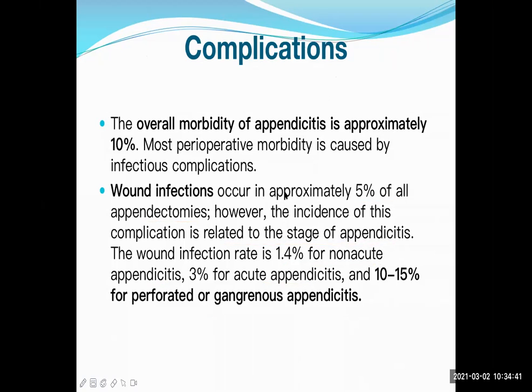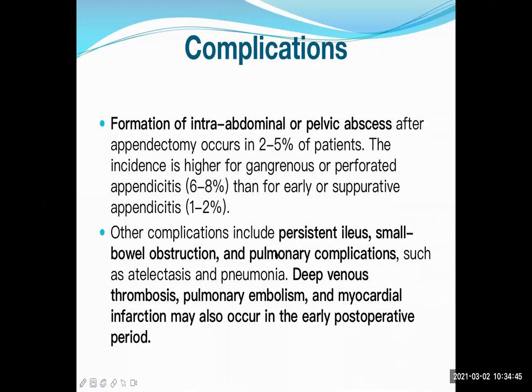Let's move on. Another complication is the formation of an intra-abdominal or pelvic abscess after we do appendectomy. This is a serious complication. It occurs in around 2 to 5% of patients.